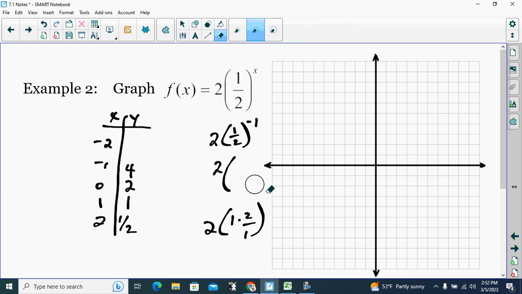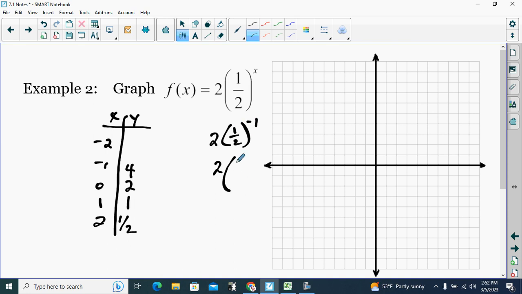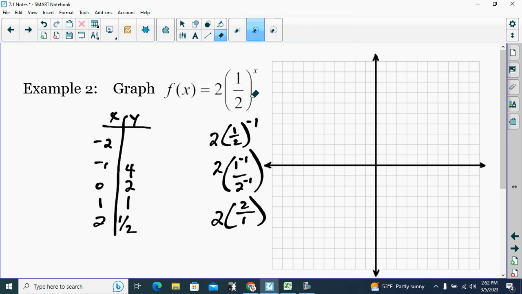Or another way, maybe an easier way to think about this, is that's the same as 1 to the negative first over 2 to the negative first. Negative exponents get switched. So 2 to the first over 1 to the first. Either way, you get 4. If that's -2, now it would look like this. So now I have 2 to the second over 1 to the second. Well, that's 4 divided by 1. That's 4 times 2 is 8.